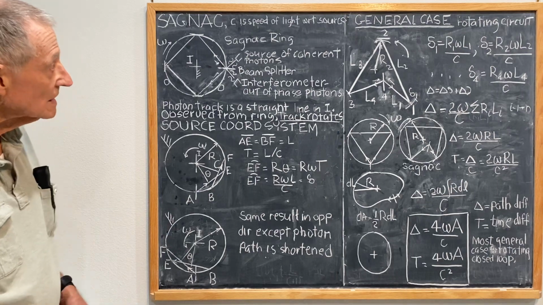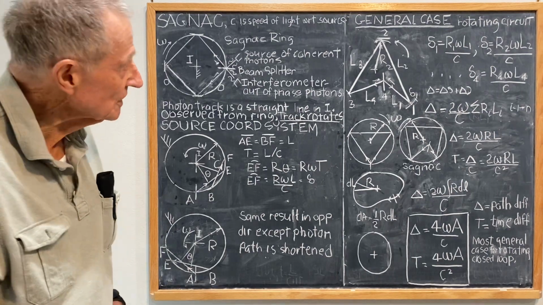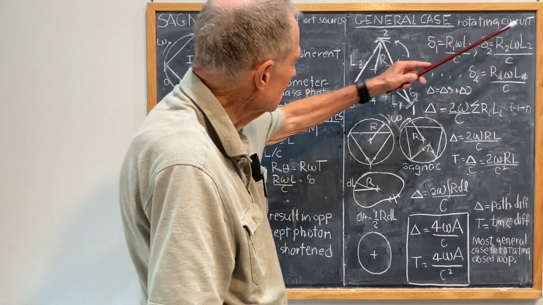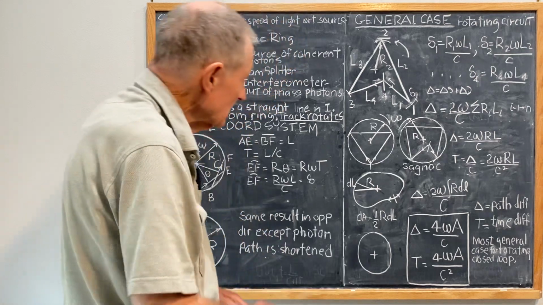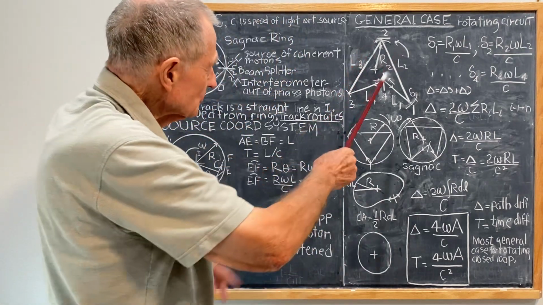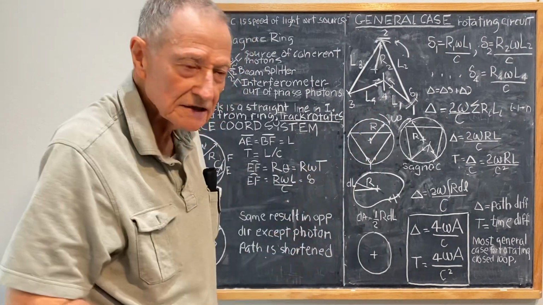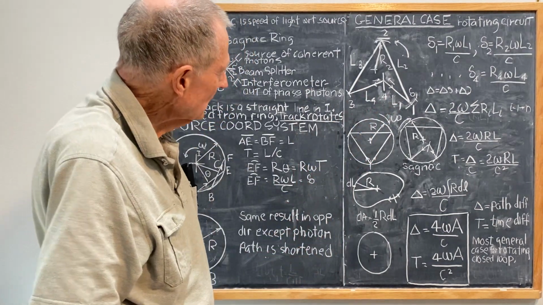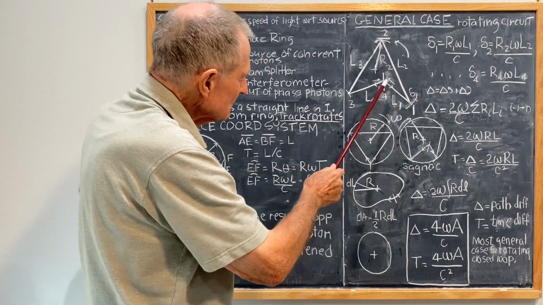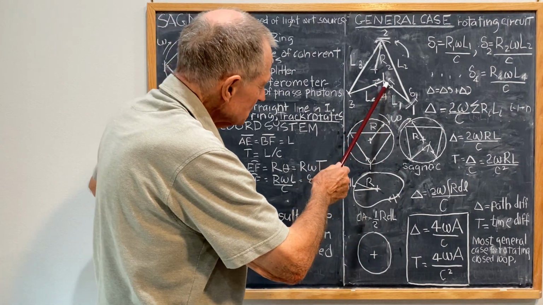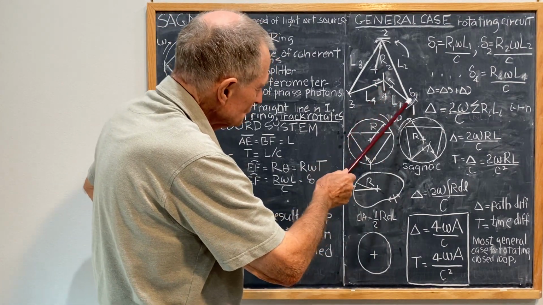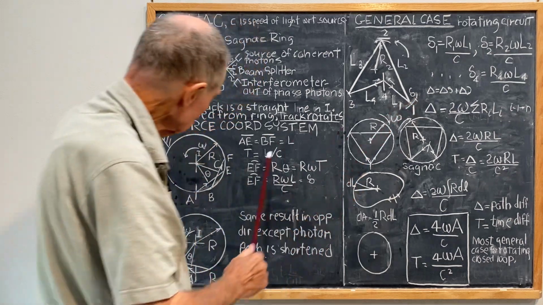Now, I'm going to consider a general case of a rotating circuit. I happen to show one with 4 sides, and when the photon starts off here, the end of this track moves an amount delta, which we calculated here.